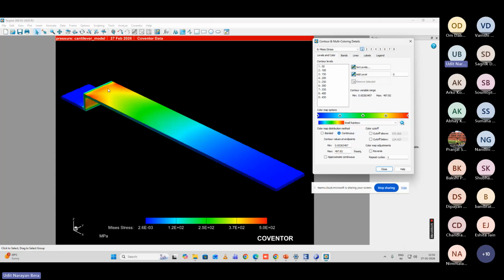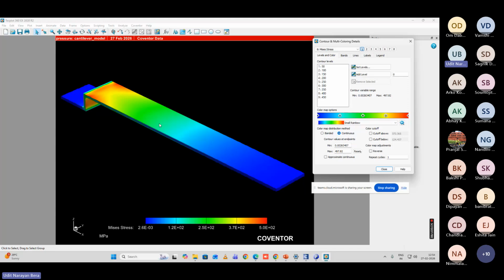So you can see that the red color is giving you the idea that if you are going to make a piezoresistive cantilever, then your piezoresistor should be placed in this red region only, so that your piezoresistor will experience more stress to get better sensitivity, delta R by R.